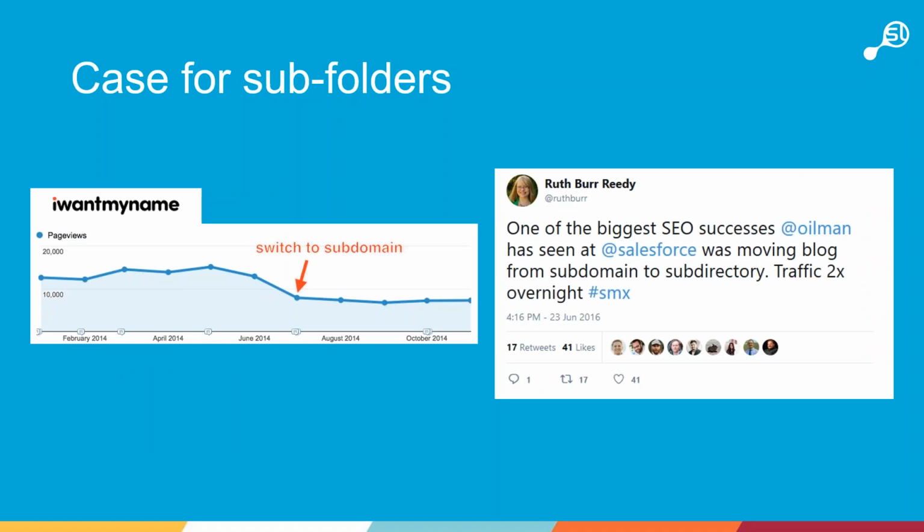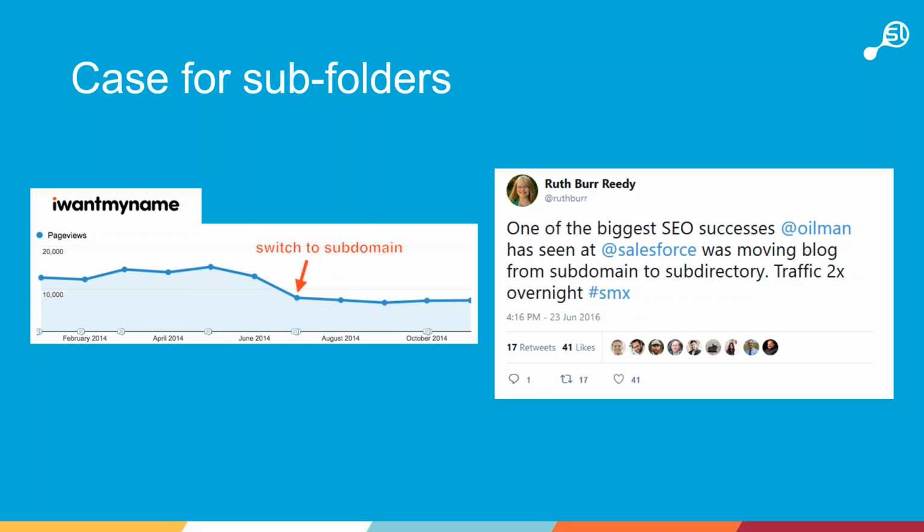But to cut to the chase, from the SEO perspective and from the scalability perspective, there is a big case for subfolders. To start with, I can show you some case studies where people switched to a subdomain and saw a decrease in traffic.